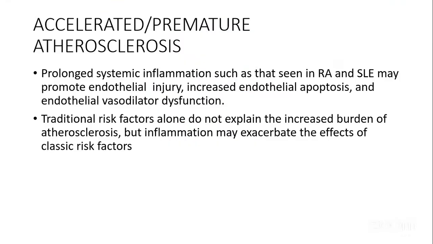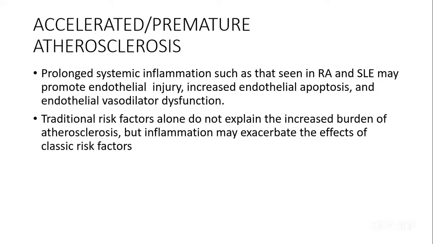So let me start from the accelerated atherosclerosis. What we have found out here is because of the pro-inflammatory products that are produced in patients with rheumatoid arthritis, these pro-inflammatory cytokines lead to endothelial damage.